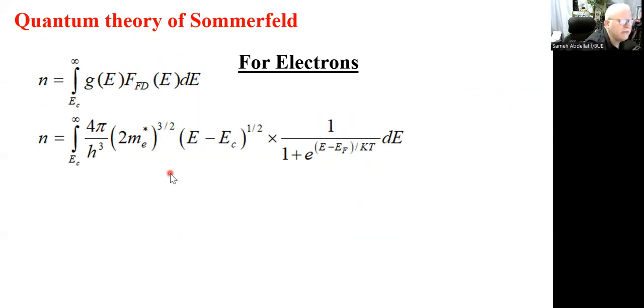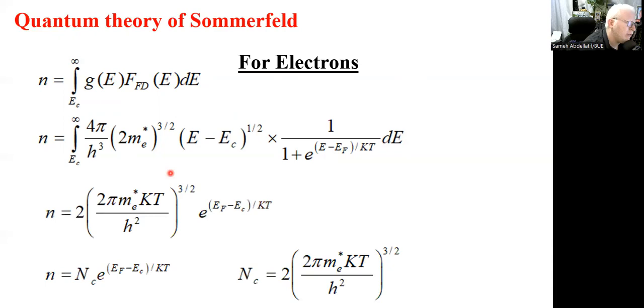Of course, this is not a very easy integration. You can go to MATLAB, for example, for a numerical solver, or we can find a closed form here. This is a closed form for n as a function of NC, which we call the effective density of states in the conduction band, given in this form.